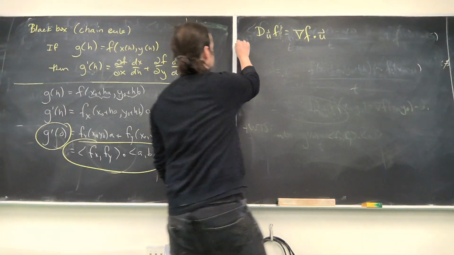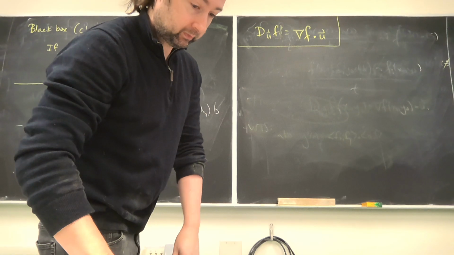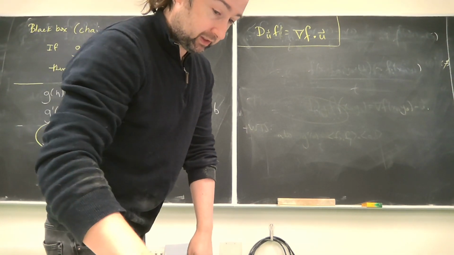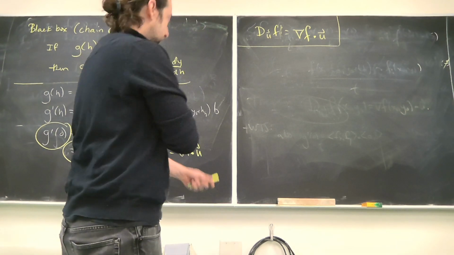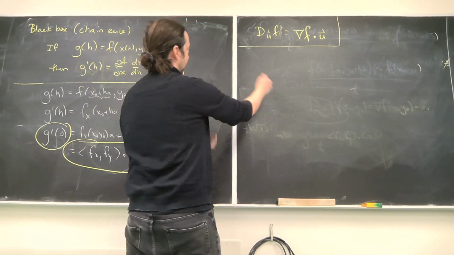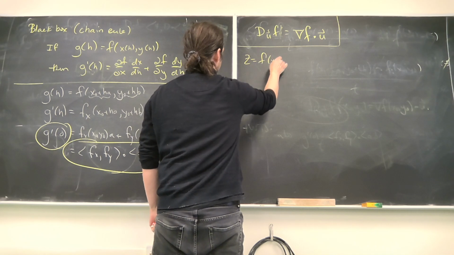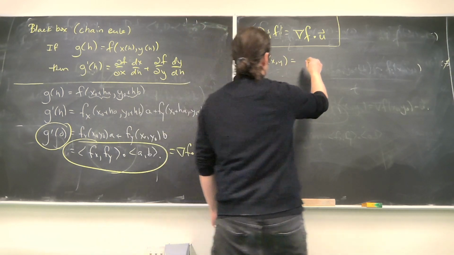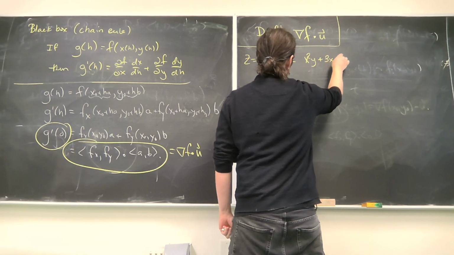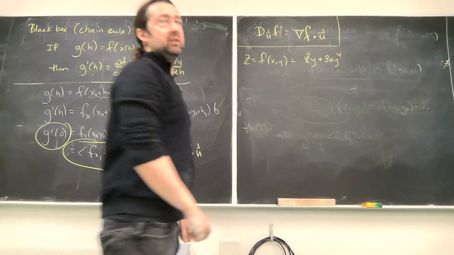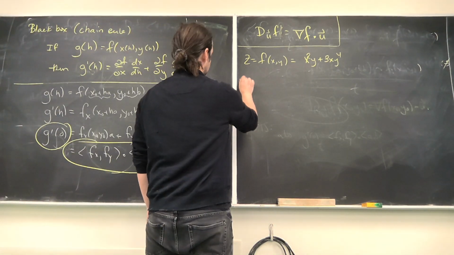Okay, so the next thing I want to talk about is properties of the gradient vector. The gradient vector is a powerful object. If I write down something like z equals f of x and y, which is equal to x squared y plus 3x y to the fourth, it's very easy to compute a gradient vector.